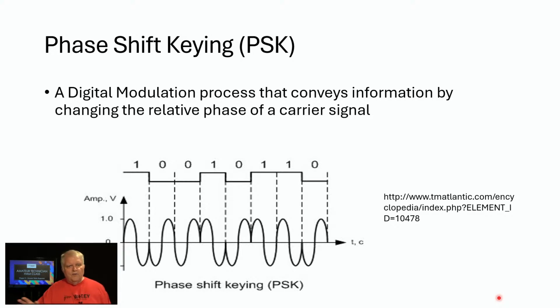The audio tones were still going through the same phone system. There was no additional bandwidth, but they used phase shift keying to expand the amount of information that could be transmitted within that limited bandwidth. Again, in the technician class, you don't need to know all of the intricacies, but if you'd like to find out more, Google is your friend.